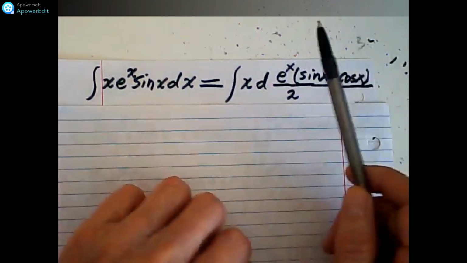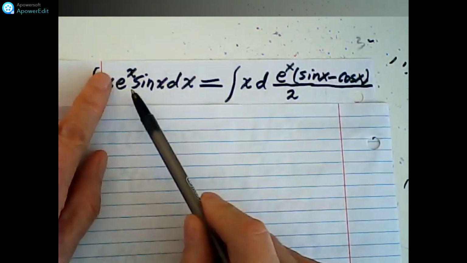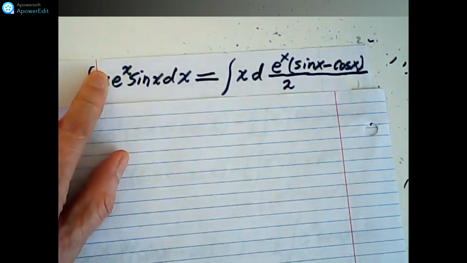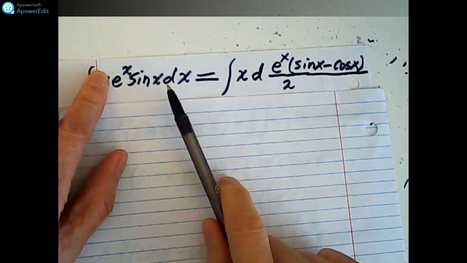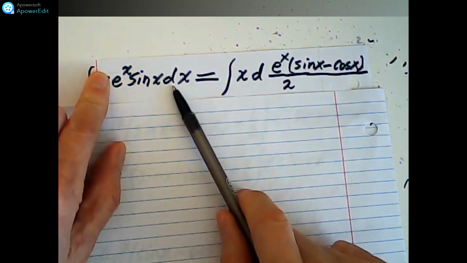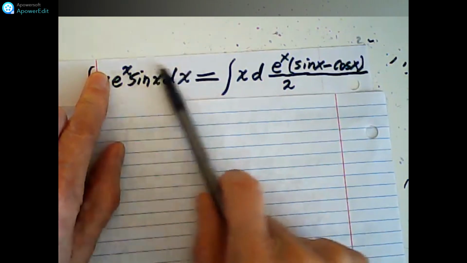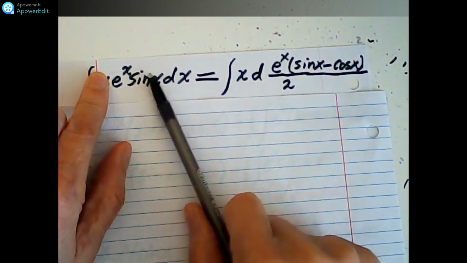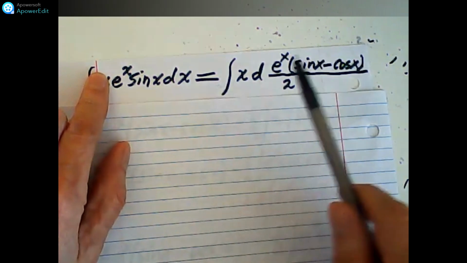Method 2 is that for the integral of e to the x sine x dx, you must be familiar with it when you learn the method of integration by parts. This is the integral you must have seen, or you must have done it.